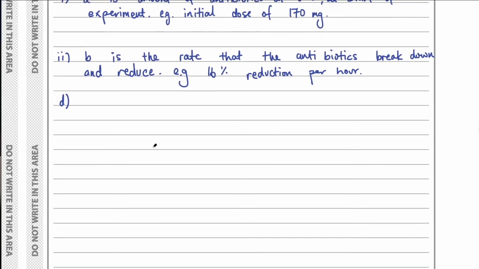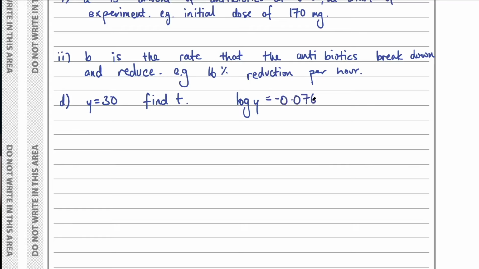So I'm going to use that one. So we've got y equals 30, and we need to find t. And let's write down the equation we had. So log y equal to the gradient, which was negative 0.076 times t, plus the log of a, which was 2.23. So that's the model we can use.